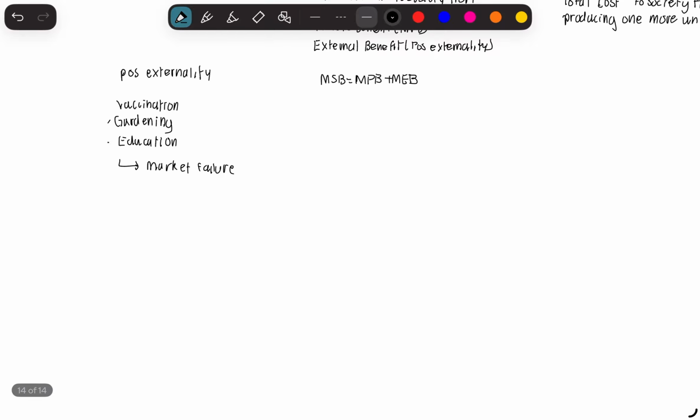It will make your market supply less than the socially optimal amount. The reason why that happens is because society is already feeling the positive effects from another source.